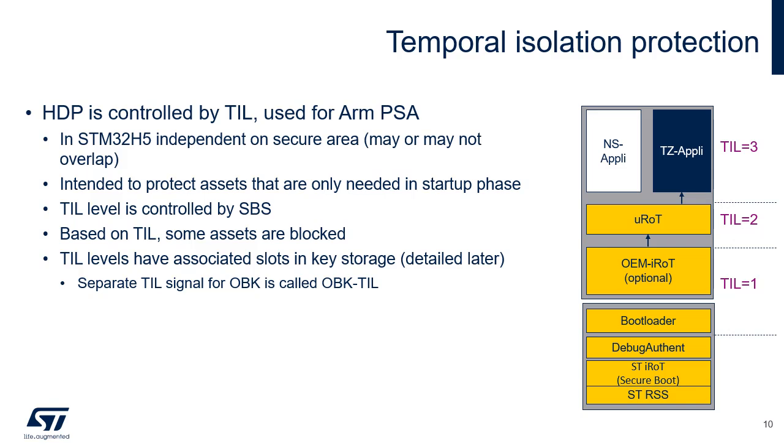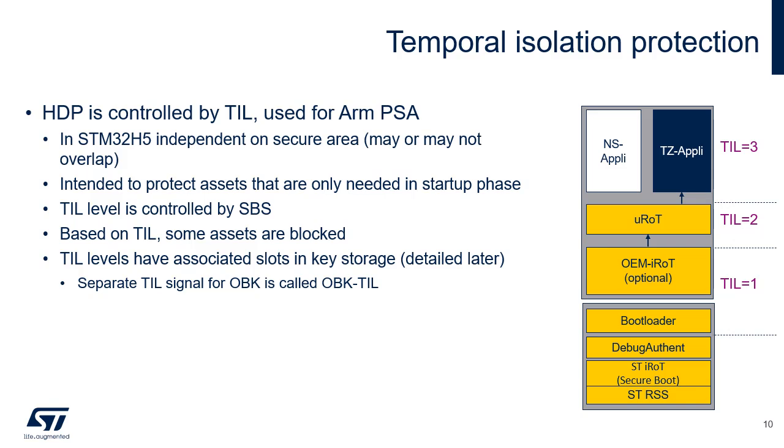Secure Hide Protection, or HDP, is controlled by Temporal Isolation Level, or TIL, used for Arm Platform Security Architecture, or PSA. Three levels are available to facilitate secure boot process stage isolation. Each level increase blocks access to the lower levels, which only become available again on next reboot.